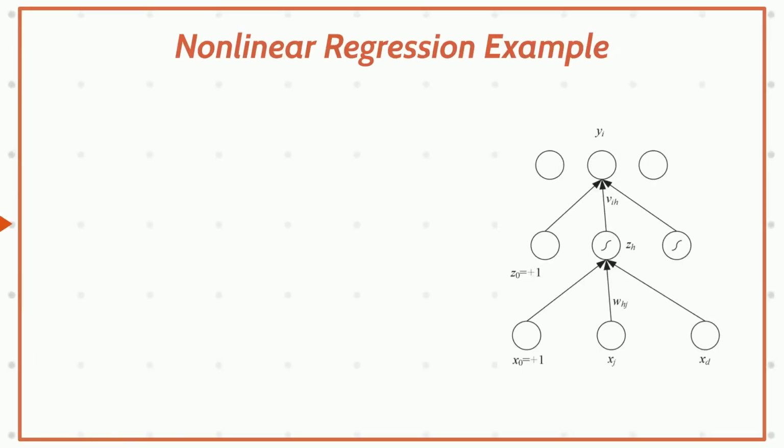So here's a nonlinear regression example. Once again, we have our same two-layered model, just like we did in the other slides. A single output is calculated just like we have seen before. We have the summation of our weights times the output of our hidden layer plus our bias unit.